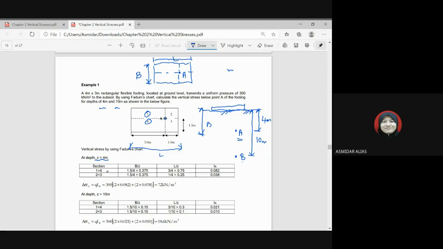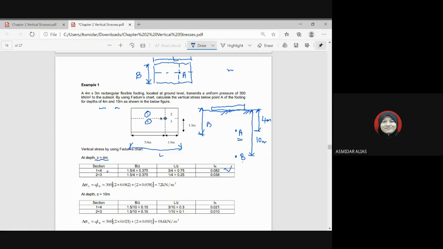So untuk L over Z pula, L adalah 3 and then Z maintain sebagai 4. So the value for L over Z is 0.75. So refer ke Fadum chart, inilah nilai influence factor yang dia dapat.